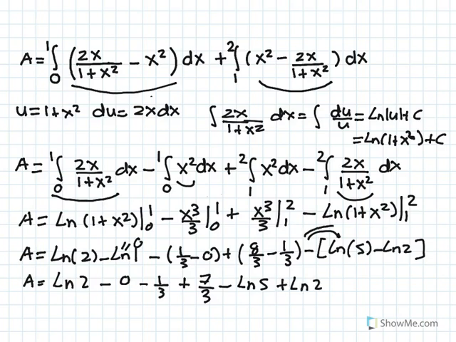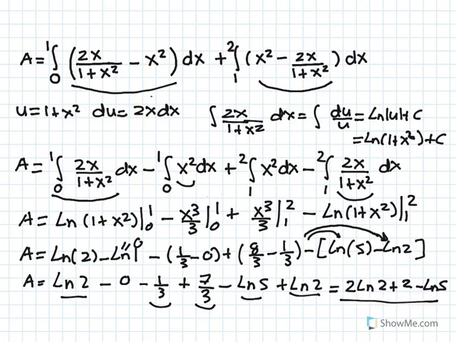You really have to distribute this minus across the bracket. All right, let's simplify this. We got log 2 and log 2, so they add up to 2 log 2. We have 7/3 minus 1/3, that's 6 over 3, that's just plus 2. And we have minus log 5. This is the area of the shaded region.